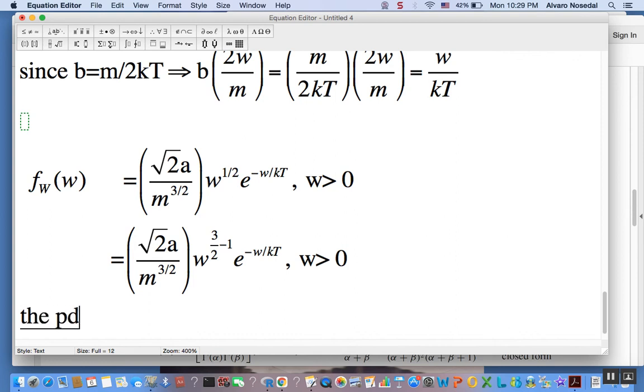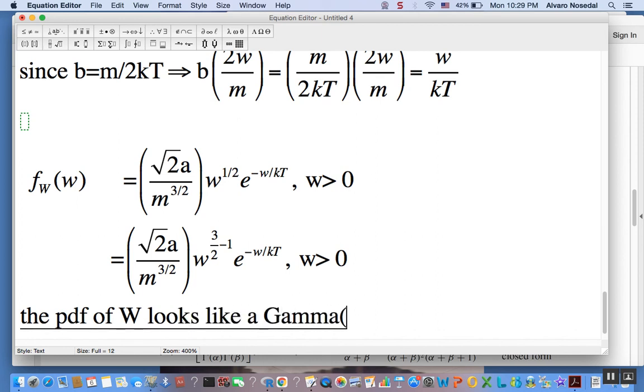So the PDF of W looks like a gamma PDF with parameters alpha 3 divided by 2 and beta k times t. Okay?